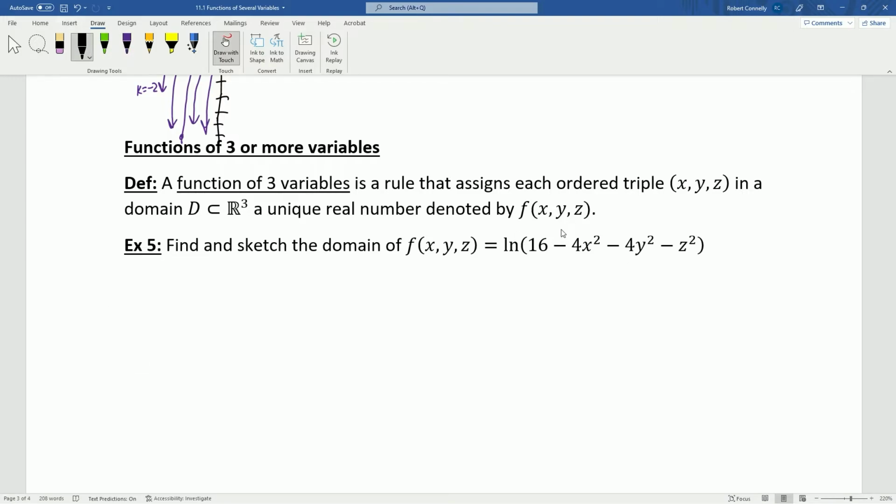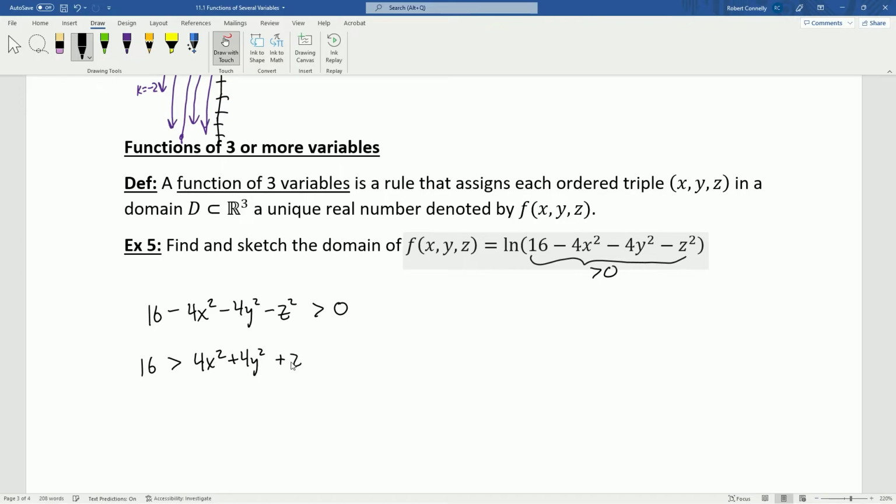Now for the natural log, we know this input always has to be strictly greater than 0. So let's write that out. If this is greater than 0, and I move all of my variables to one side, this gives me 16 is greater than 4x squared plus 4y squared plus z squared.